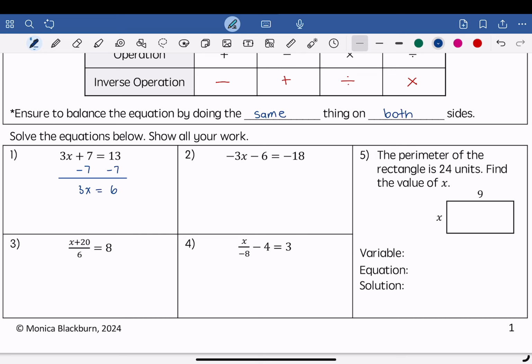I'm going to divide 3x by 3, because 3 over 3 is 1. I will eliminate the 3. Whatever I do on one side, I have to do to the other side of the equal sign. I'm going to divide the 6 by 3. So x is equal to 6 divided by 3 is 2.